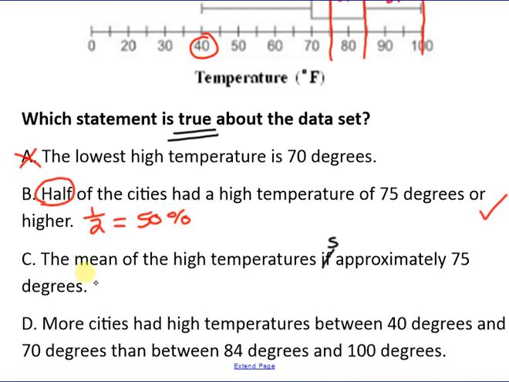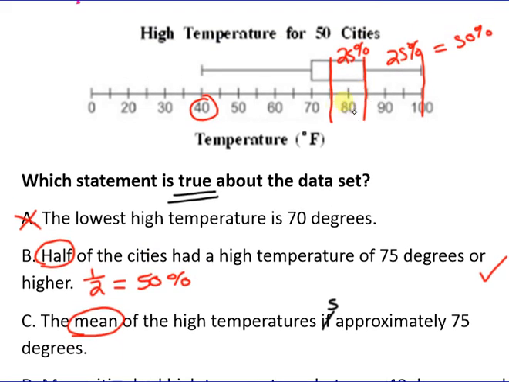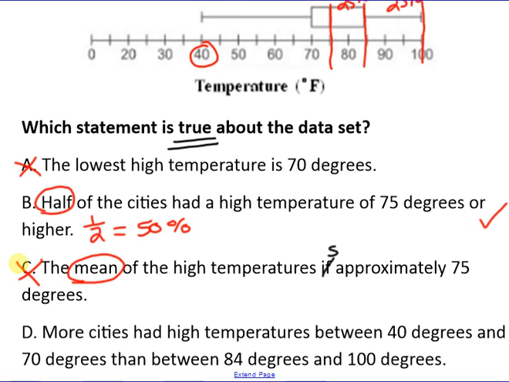The mean, remember what I told you about that word mean. Box plots focus on the word median more so. The mean of the high temperatures is approximately 75 degrees. That's incorrect. The median is 75 degrees, so that's incorrect.